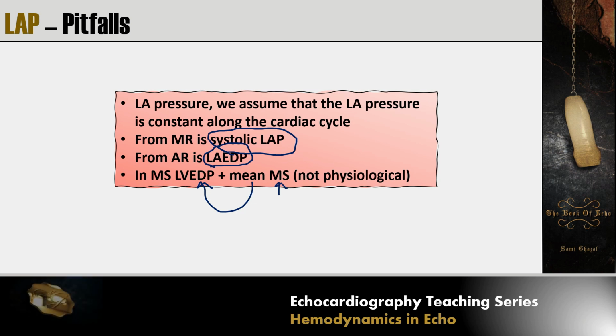They are happening at different timing of the cardiac cycle. So when we add or subtract pressure, ideally it should be taken from the same point of time in the cardiac cycle. However, since these differences are usually minimal in left atrial pressure, it is overlooked.